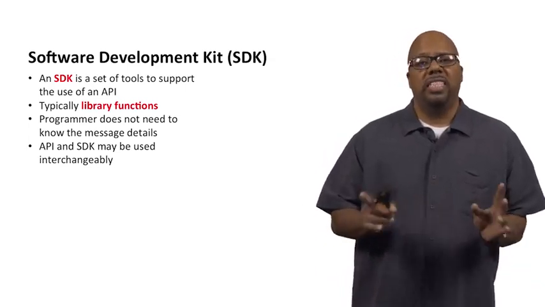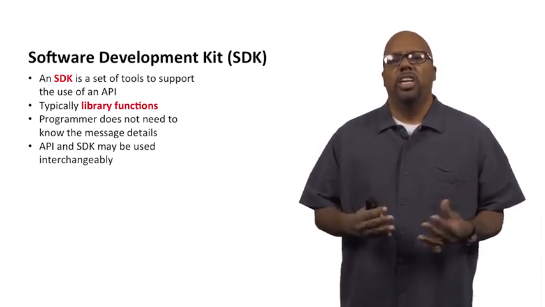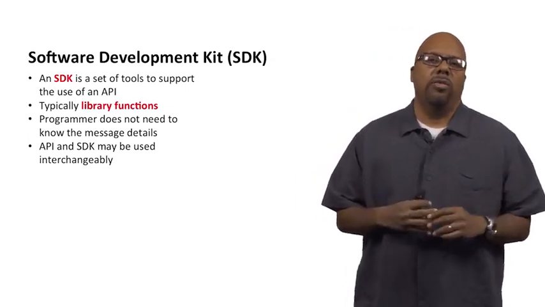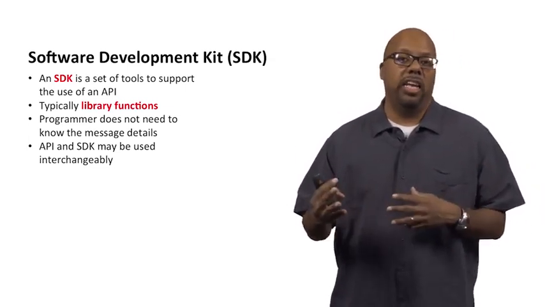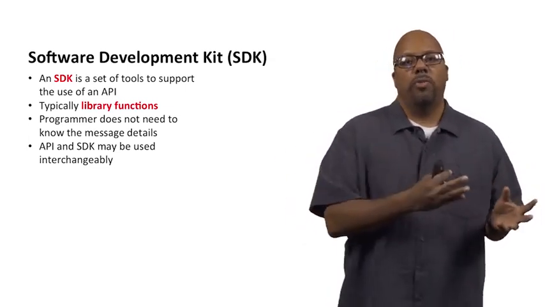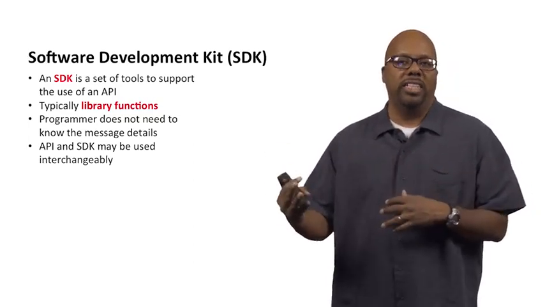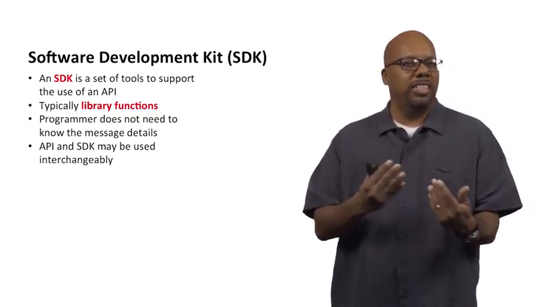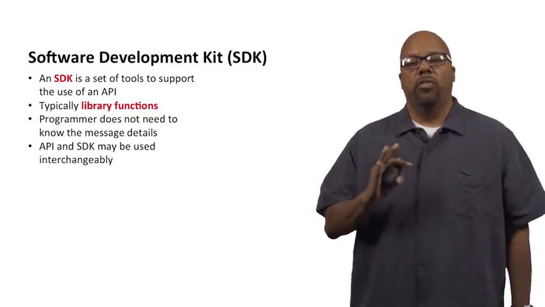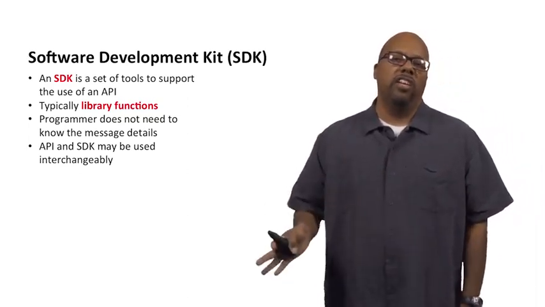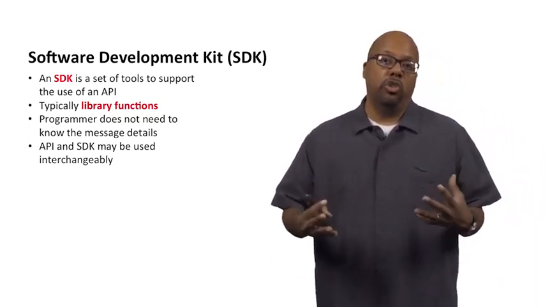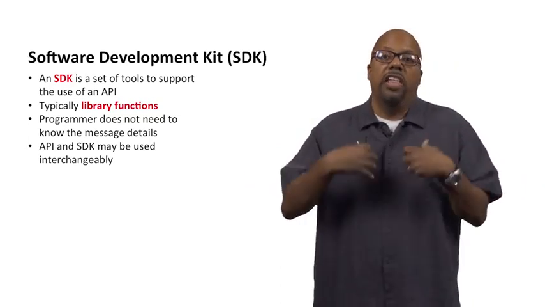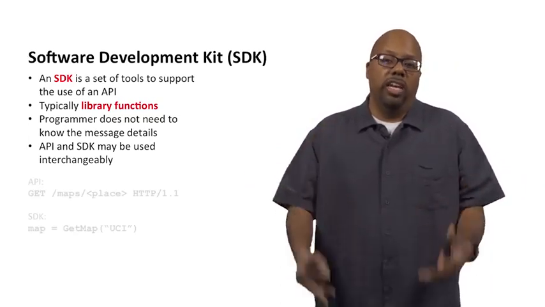Sometimes API and SDK are used interchangeably, so watch out for that. Sometimes when you want an SDK, you look up API and you end up finding an SDK. So the difference between APIs and SDKs sometimes is blurred, but roughly the API defines the interface and the SDK is a bunch of tools, maybe just library functions, that help you use the API.